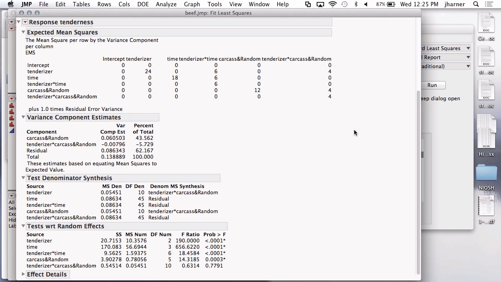The way we tested it using the standard model is we would, of course, use the carcass by tenderizer as the error term for tenderizer and carcass, but we're mainly interested in the tenderizer. Now, in terms of the time and tenderizer by time, those are residuals, and that's fine. We're the same there.